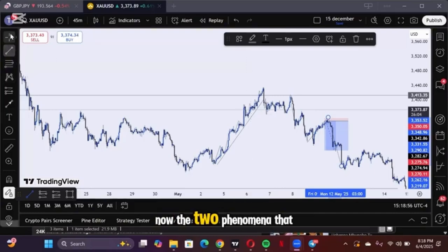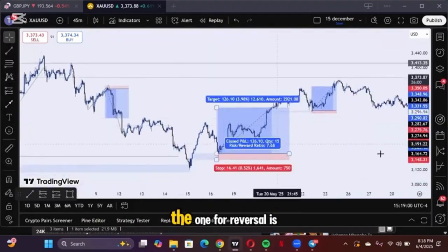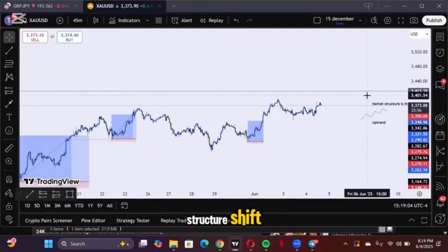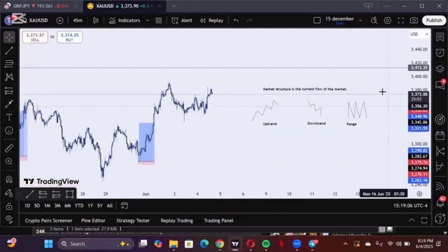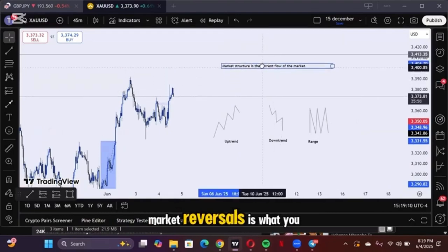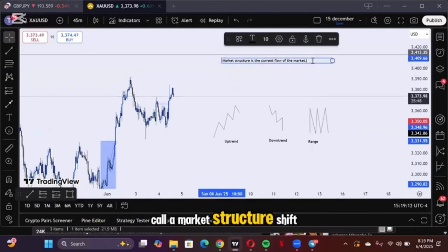Now, the two phenomena that we use to trade reversals and continuations: the one for reversal is what you call a market structure shift. What we use to trade market reversals is what you call a market structure shift.